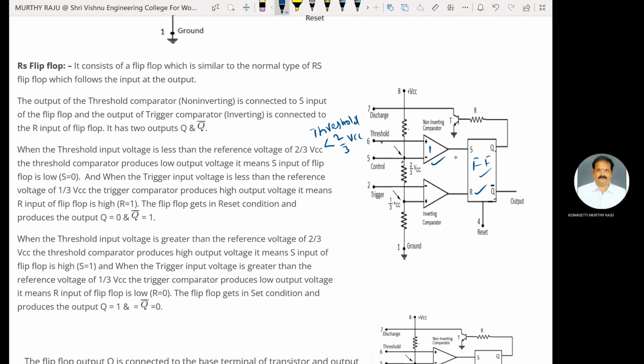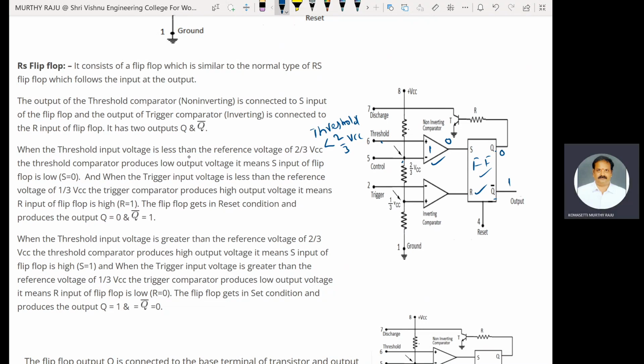Therefore, the output of the non-inverting comparator is 0. S is equal to 0 means Q is equal to 0, and Q dash is equal to 1.